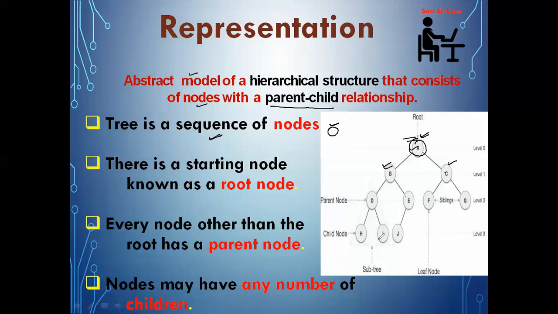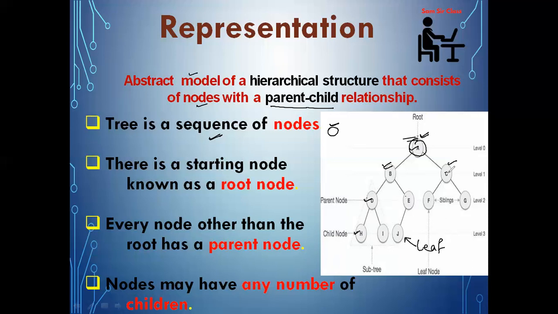You can see that between D and H, D is known as the parent and H is known as the child node. Also, the nodes which don't have any child node are known as leaf nodes, and any node which has a child node is known as a parent node.